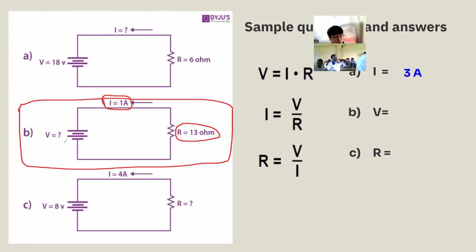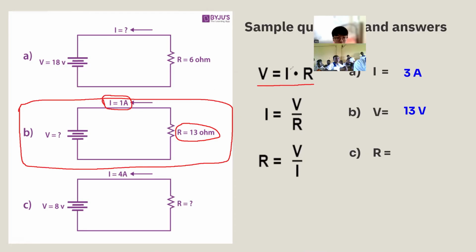Calculate the voltage of this circuit. 13. Oh, yes, that is correct. Yeah, great job. It's 13 because in this case, we're using V equals I times R.